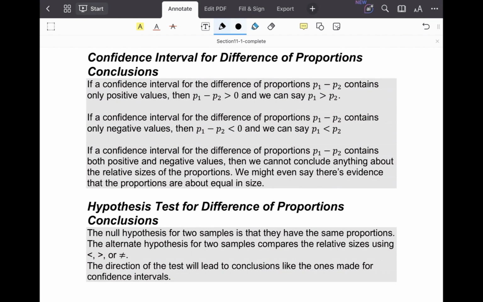In a situation like this first one, where the confidence interval contains all positive numbers, we would end up in the hypothesis test rejecting the null hypothesis in favor of the alternate hypothesis, which would be this one here.